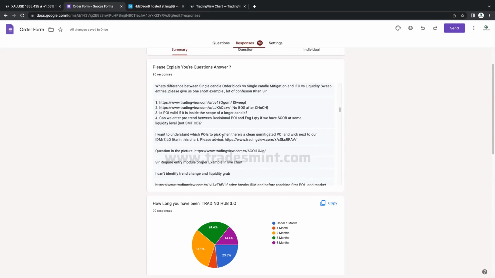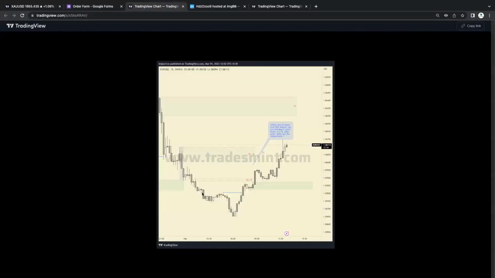I want to understand which PY is a big win. Okay, let's open this chart first. Which one of these two PY should be considered as a short, one or two? Okay, it took out the inducement. Sir, you can use this PY, because after taking out the inducement, the first PY is here, not this one, right?